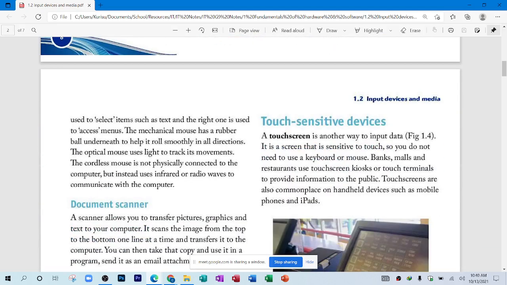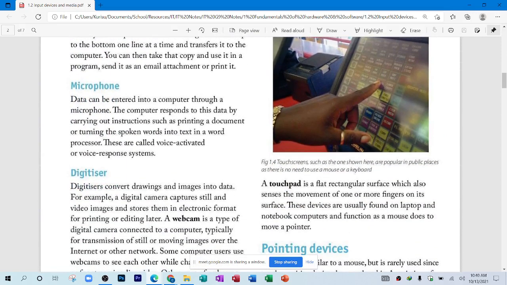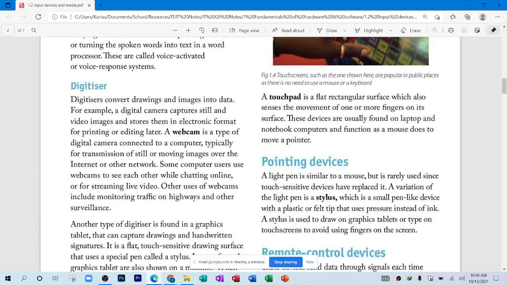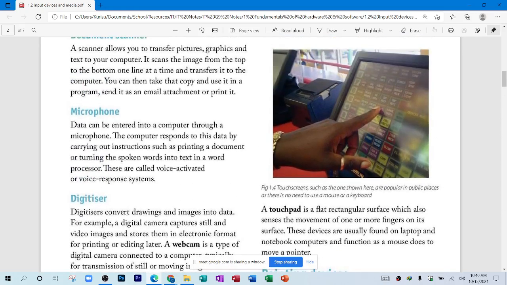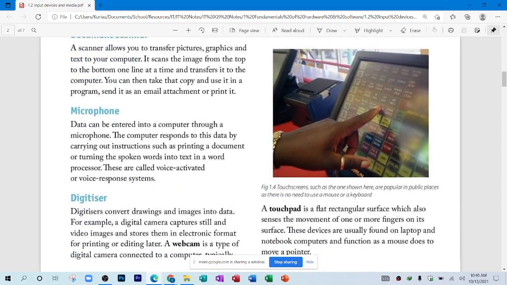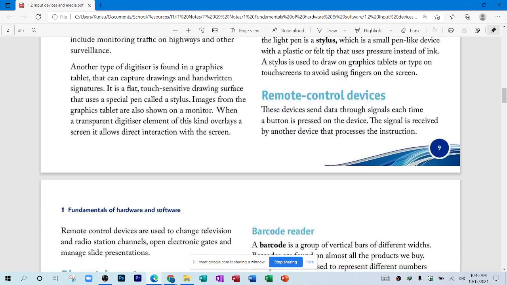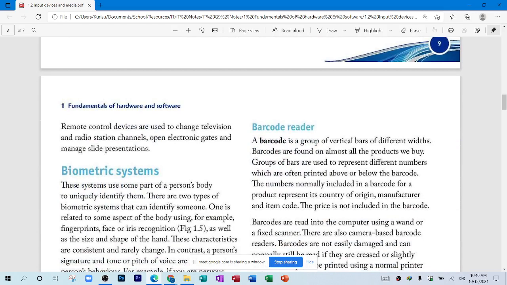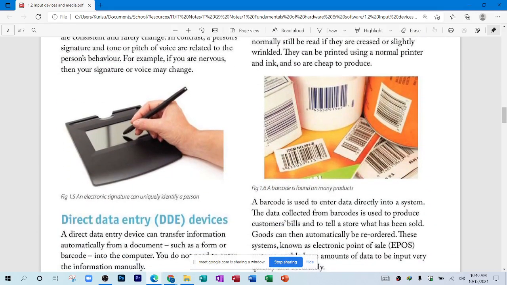In addition, we looked at the document scanner, the microphone, the digitizer, the webcam, the digital camera. For touch sensitive devices, we looked at the touch screen, the touchpad, the pointing devices, the stylus, and so on. Remote devices, biometric systems, and so on. Those are all manual input devices.